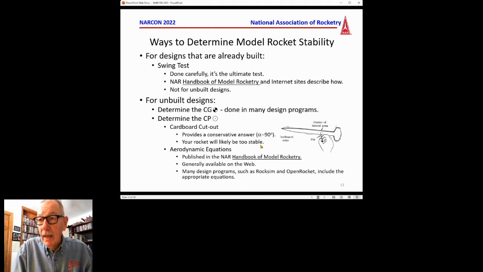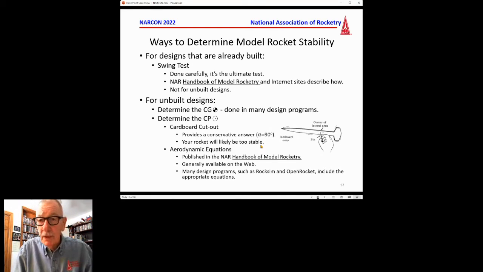And if it gets too far off of zero angle of attack, it can really go to a negative stability situation, an unstable situation. So it's a margin. It's not magic. It's just giving you enough margin to assure that you have a stable rocket.